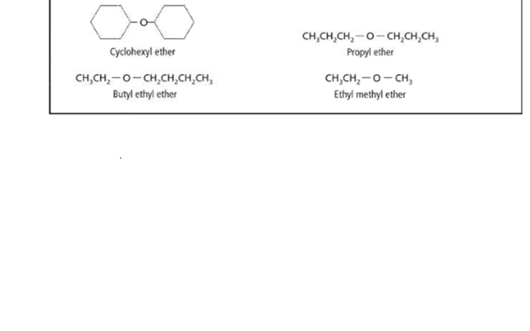So we have an oxygen between 2 carbon atoms. So in an ether, we name each alkyl group. So we have a methyl on each side. So this would be dimethyl ether.